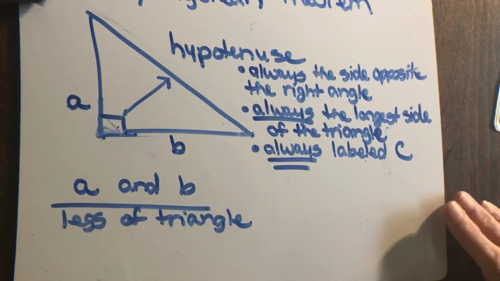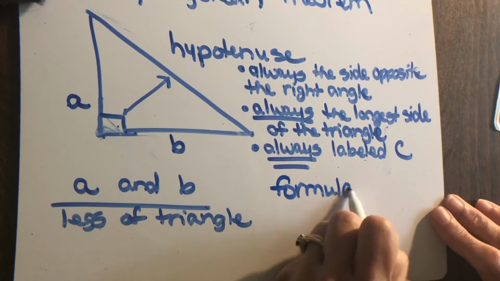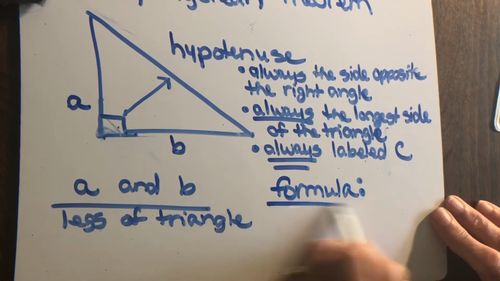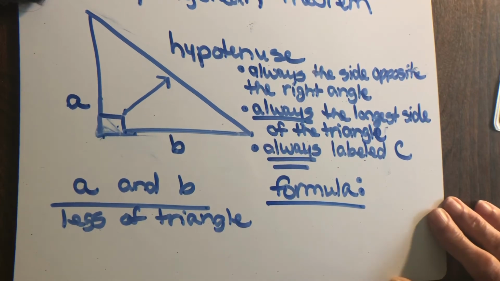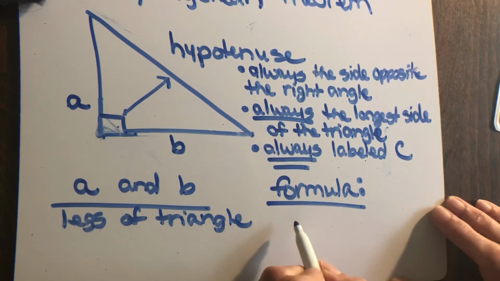Okay, now our formula that we need to know. For HiSET takers, you just got to know it. On your GED test, your formula sheet has it on there, which is great. It's really a nice formula sheet.